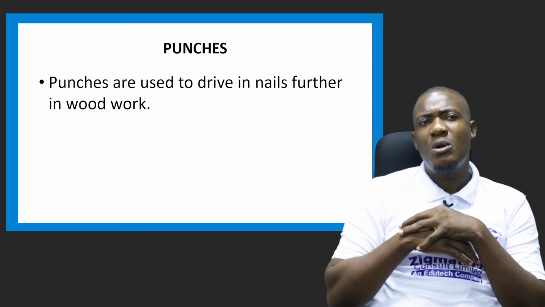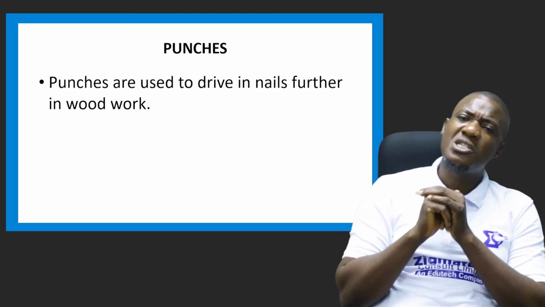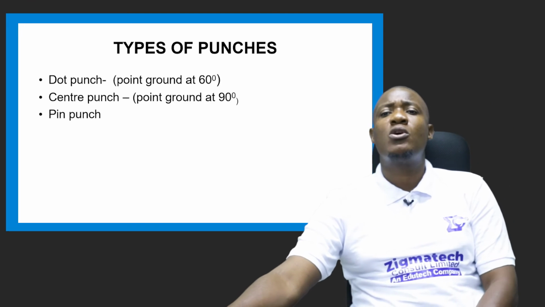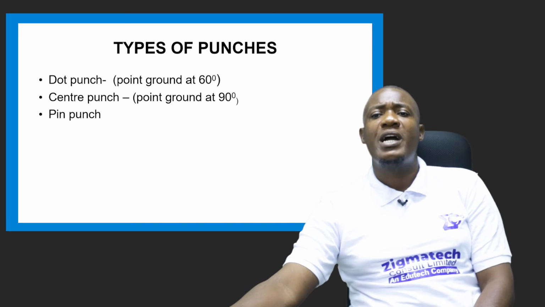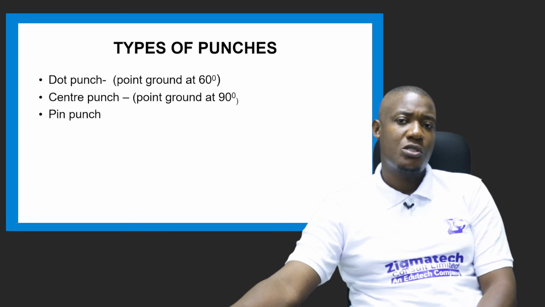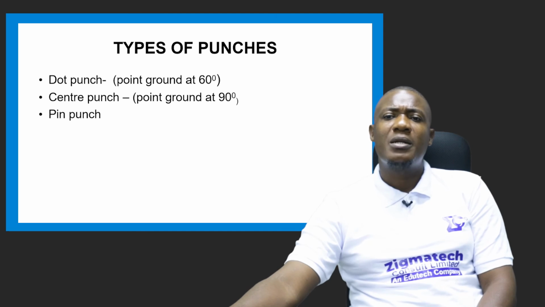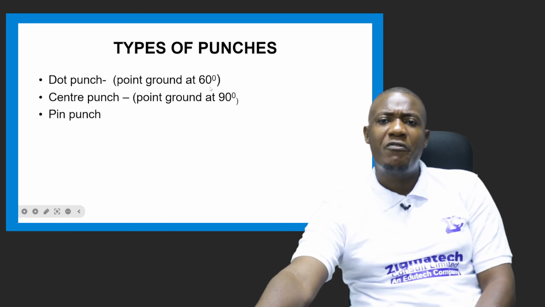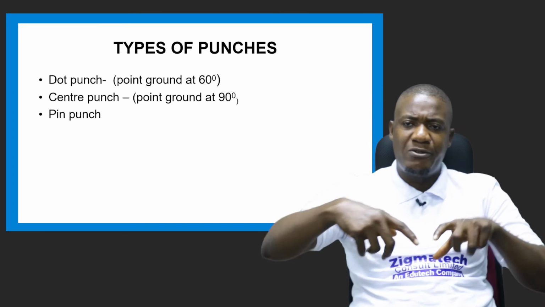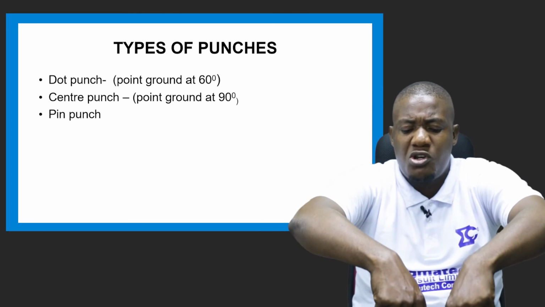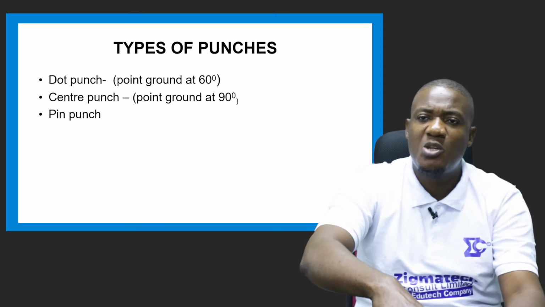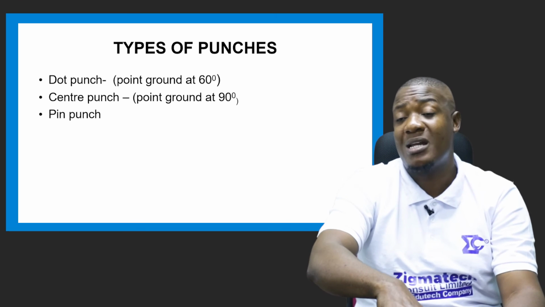We have different types of punches, but we're going to look at three of them basically. We have a type of punch we call the dot punch. We have the center punch. We also have the pin punch. Now, for a dot punch, for example, if you place a dot punch on a woodwork and use a hammer on the punch, the ground point of the punch will make an angle of 60 degrees.